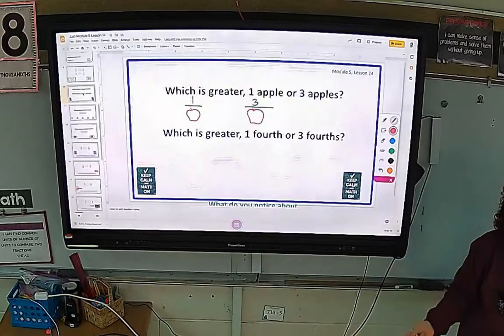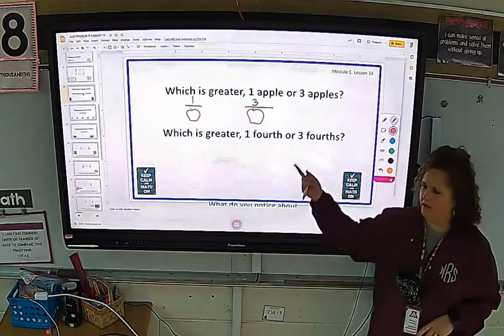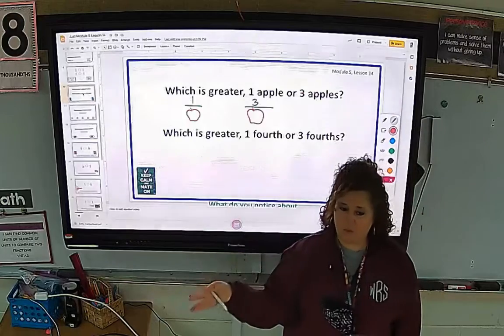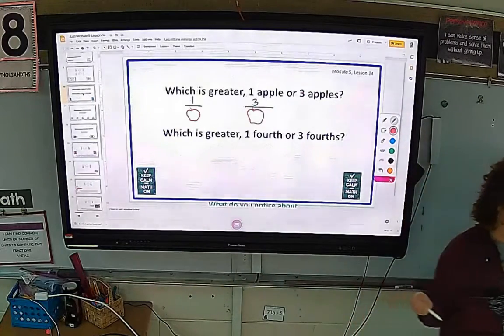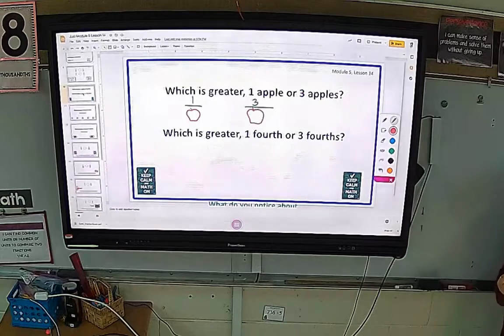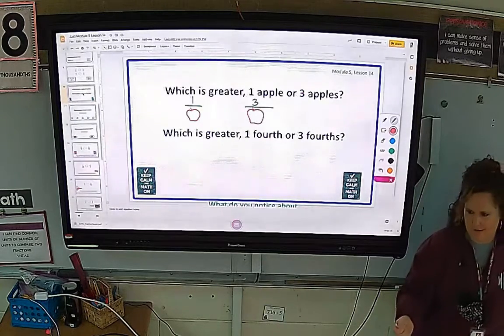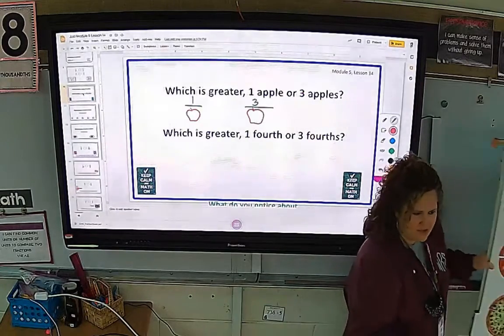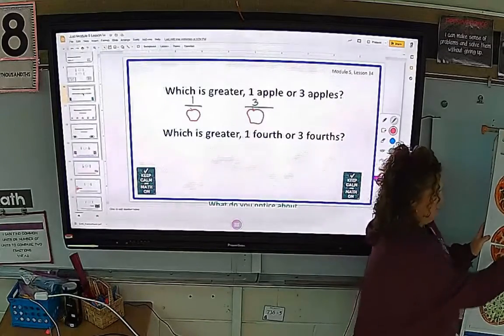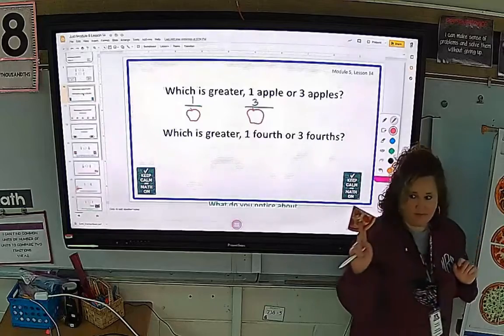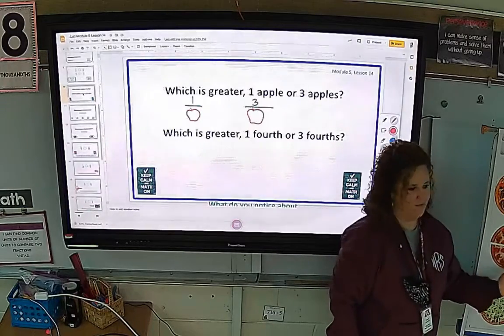All right, look at the second question. Which is greater, 1/4 or 3/4? I don't think you need this to help you, but just in case we're really asleep this Monday morning, what's greater, 1/4 or 3/4?